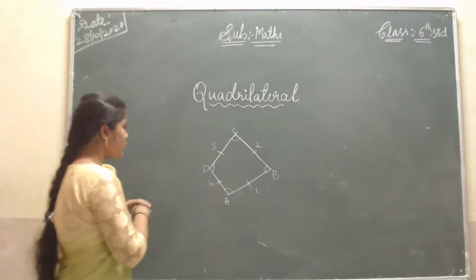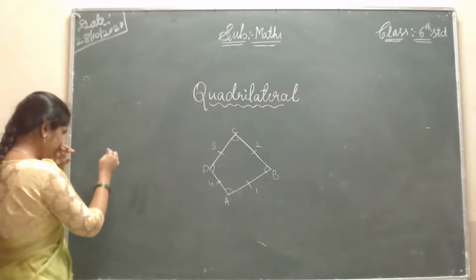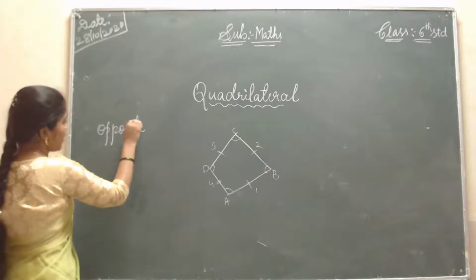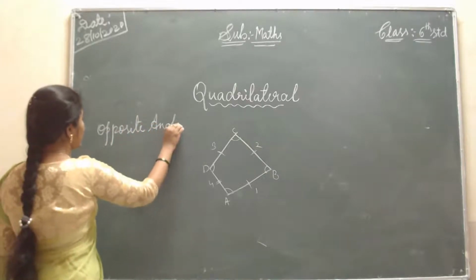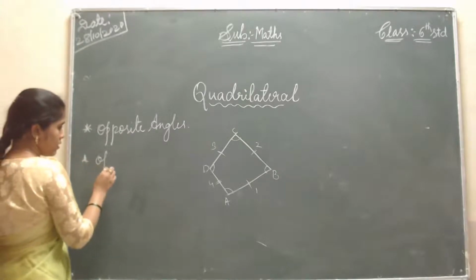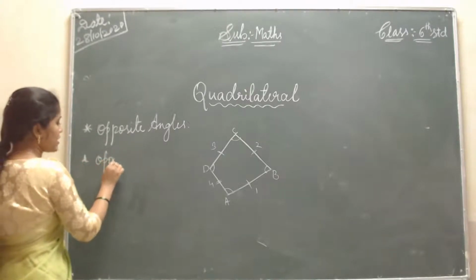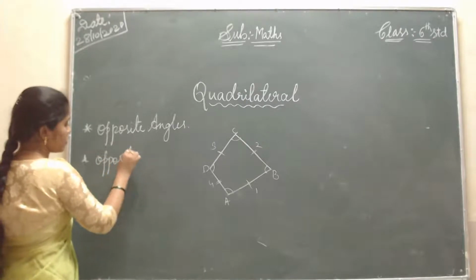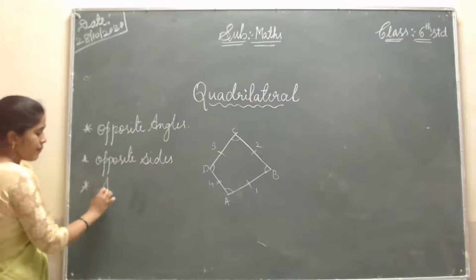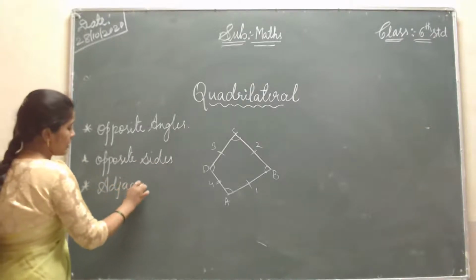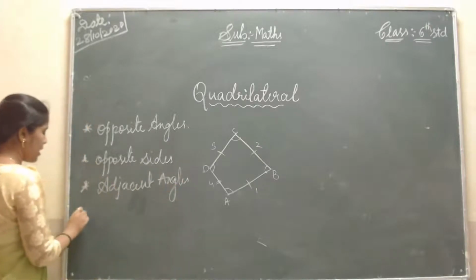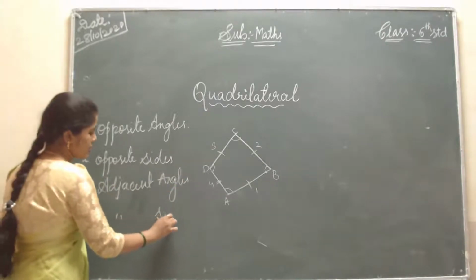See here, first what you have to see? Opposite angles. Second one, opposite sides. Then adjacent angles and adjacent sides.